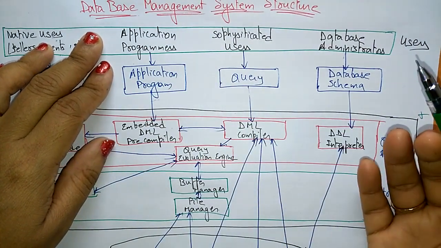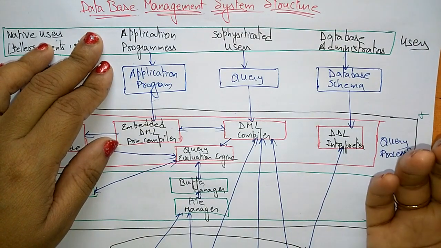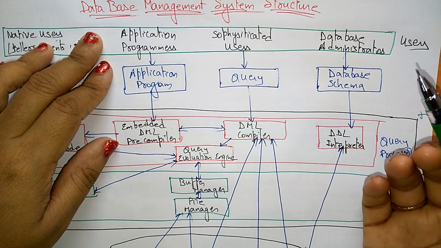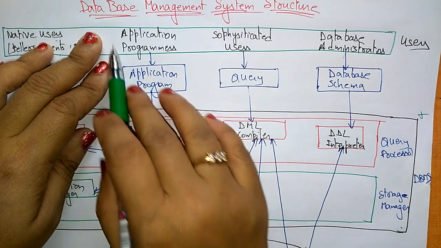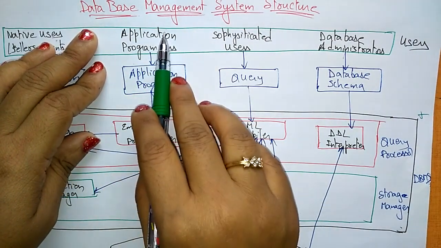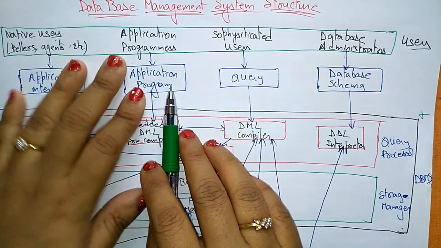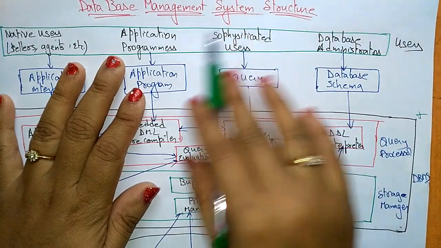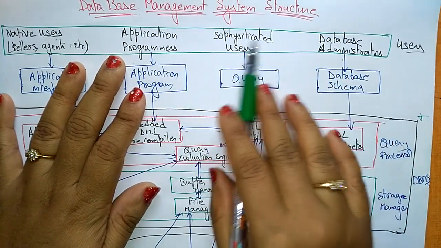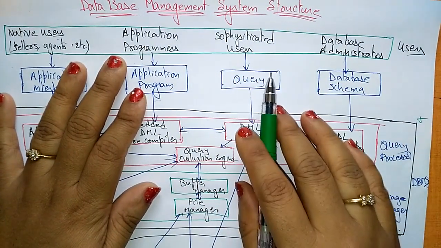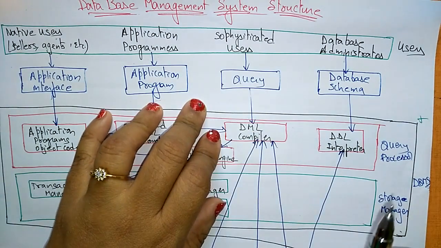Suppose Gmail is an application, it will be developed by the application programmer, and that person accesses the database. Sophisticated users communicate directly with the database with the help of queries.